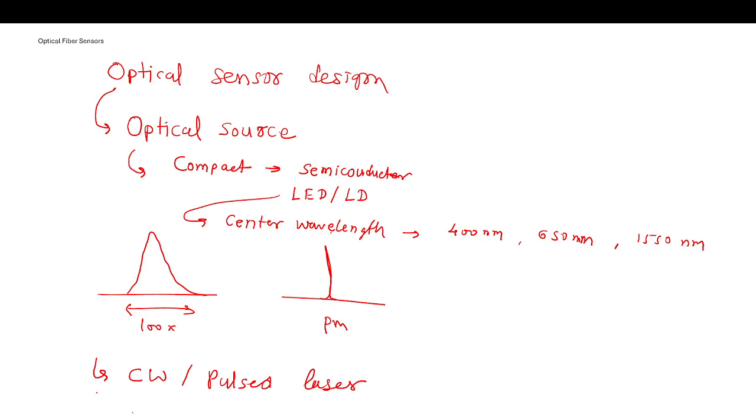Then apart from that, the noise, the signal to noise ratio. The noise can be either relative intrinsic noise, RIN, or phase noise.